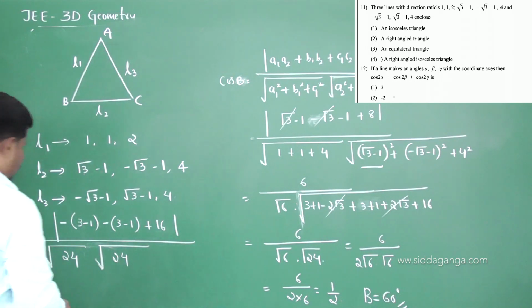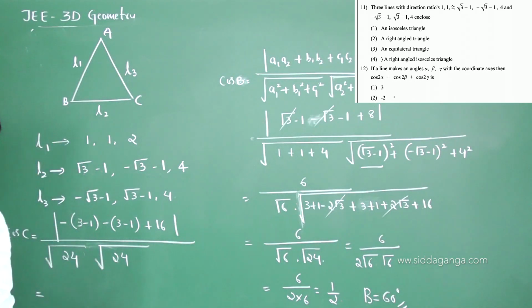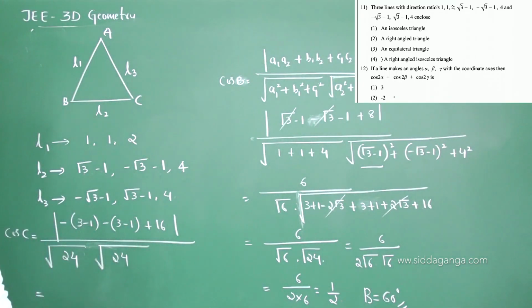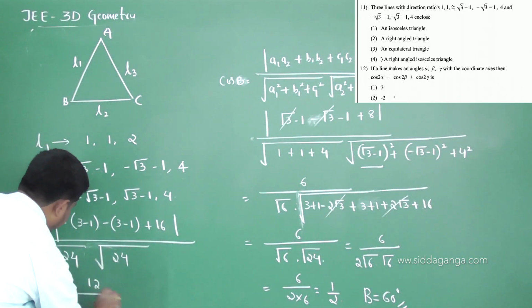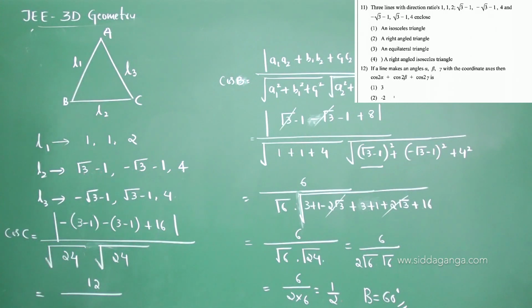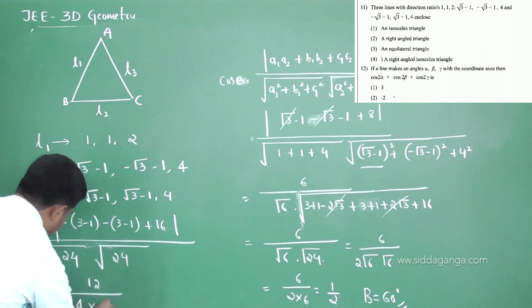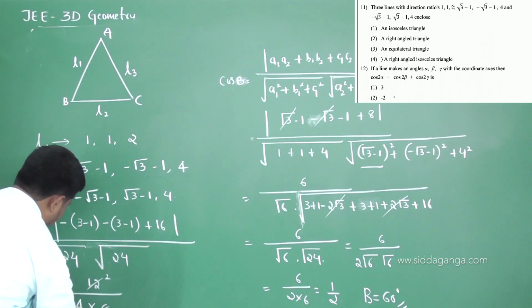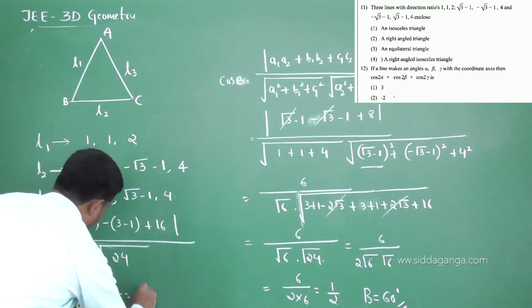Now you get 2 minus 2 plus 16, that is 12, divided by root 4 into root 6, root 4 into root 6. Root 4 is 2, so 2 into 6, and 2s cancel 2s, again you get 1 by 2.